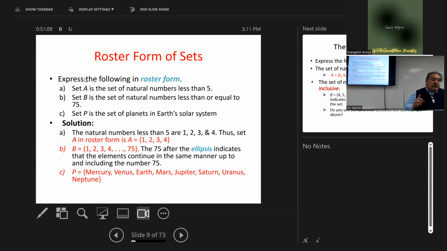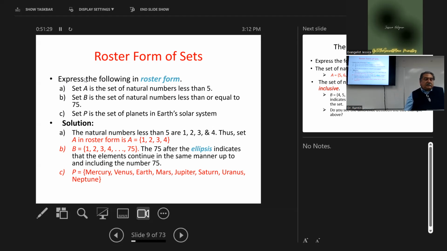Notice it says less than or equal, that's why you write the number 75 there. If it said less than 75, you wouldn't have the number 75. You go all the way up to 74.